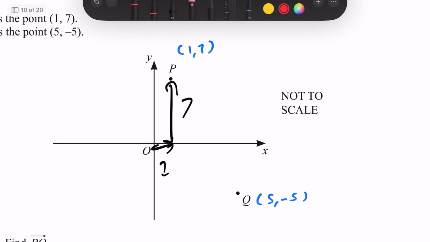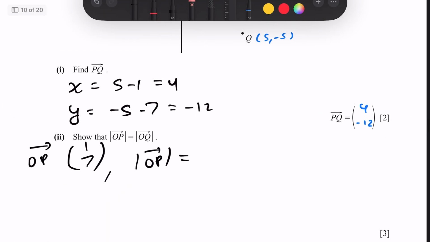If we imagine a line that goes straight from O to P directly, and model a triangle based on this, where this is 1 since it moves 1 unit to the right and 7 units upward, the hypotenuse h, which represents the magnitude, would be the square root of a squared plus b squared. So this is equal to the square root of 1 squared plus 7 squared, which is the square root of 50. That's equal to the magnitude of OP.